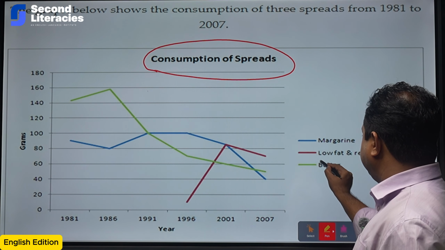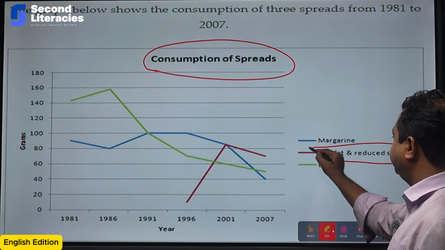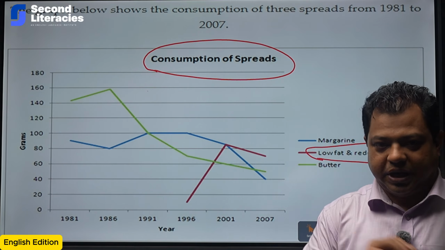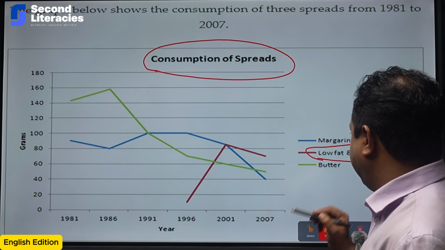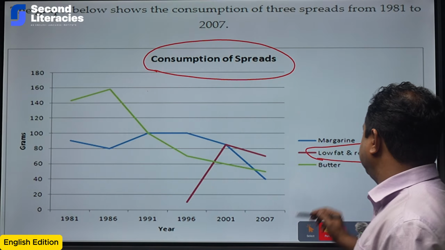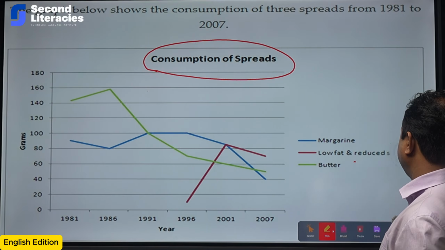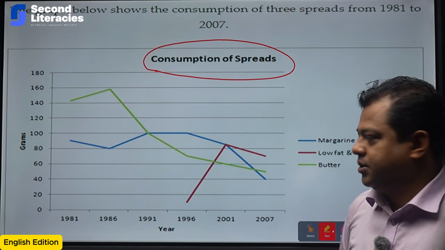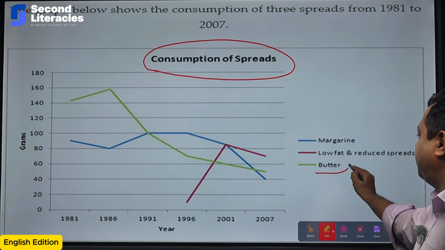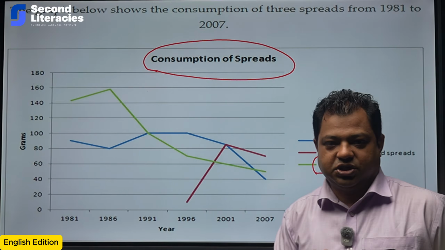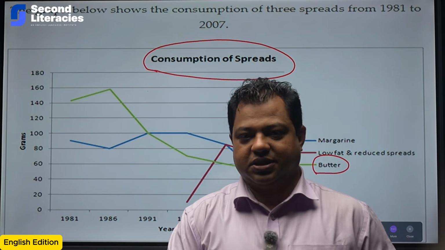The red color represents the low fat reduced spreads, and the blue color represents margarine. The other one is the butter, the normal butter that we use on our bread and other things.